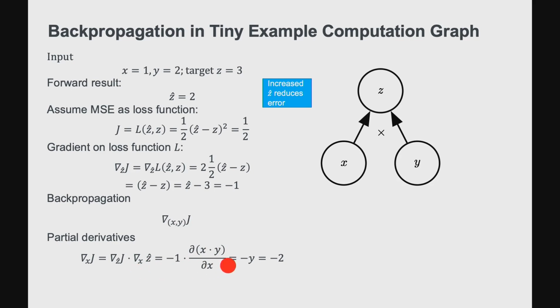In the direction of x, y is a constant, and therefore it's minus y, and y had a certain value, namely 2, so it would be minus 2. And likewise, in the other direction, x is the constant, therefore this is minus x, and this has a value up here, therefore it's minus 1.